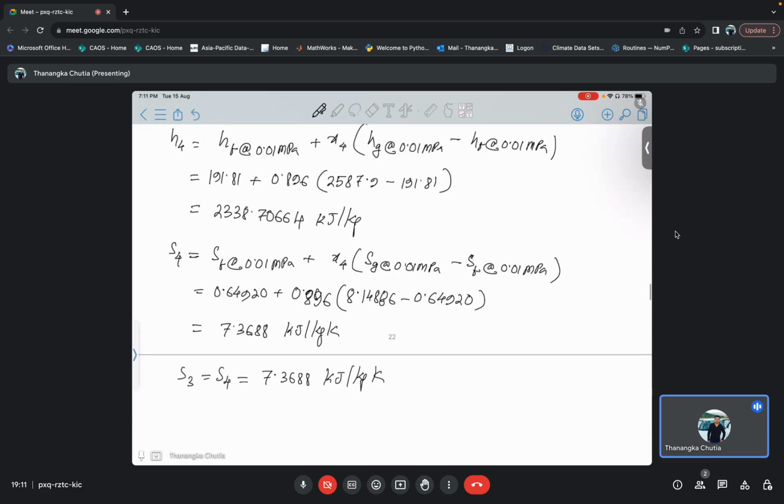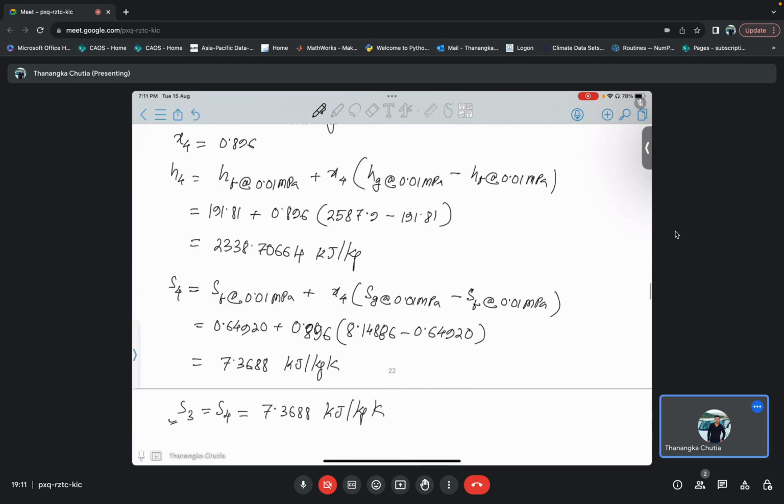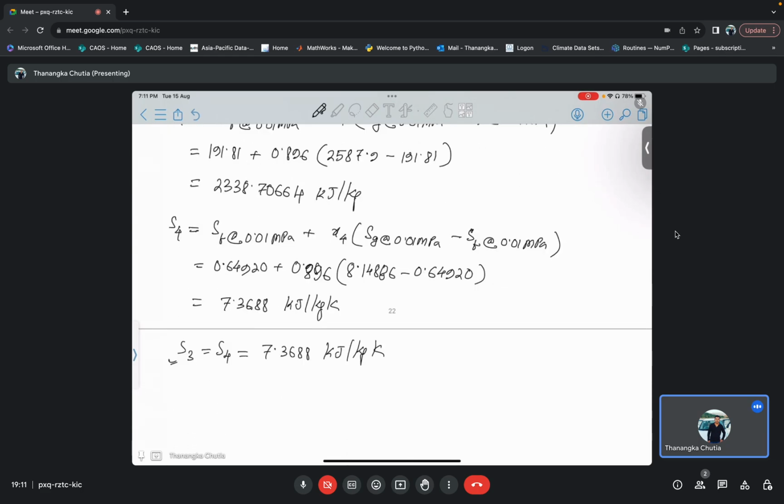So at point 3 now we have two values. One is the entropy value and the second is the temperature value. So we will look at the steam table.